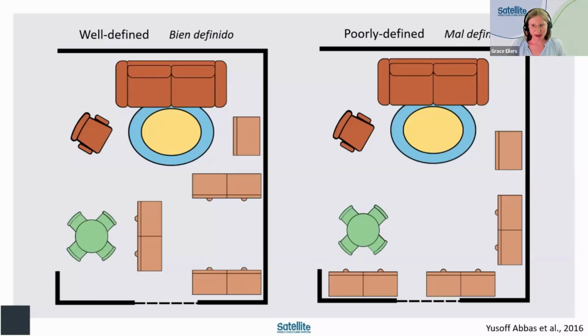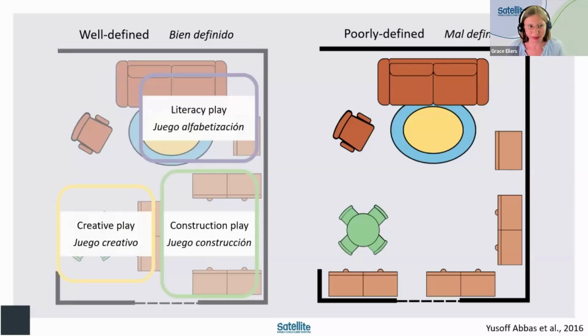As you can see, the furniture is helping to create boundaries around play areas within the space. So in the well-defined example, there is clear distinction between construction, literacy, and creative play areas. Now, this does not mean that children won't want to take materials from one area and bring them to another.